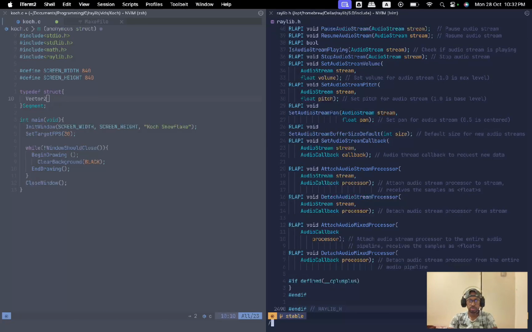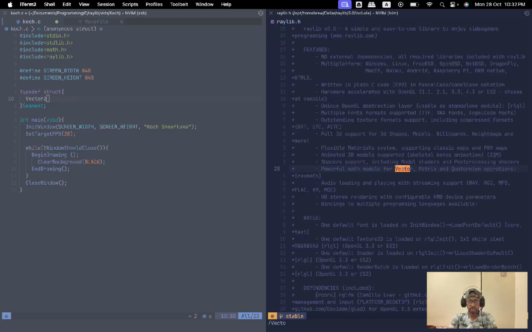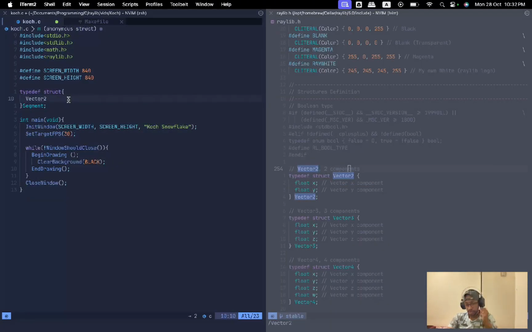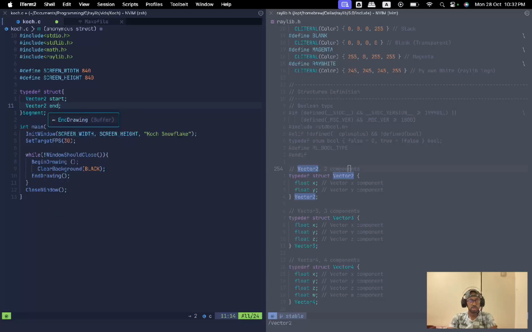Yeah, so let's go to Vector2. Yeah, so we have a Vector2 type in Raylib already. So it has 2 values, a float x and y. So that's actually okay. So let's call our first point a start for our segment, and let's put this end point.